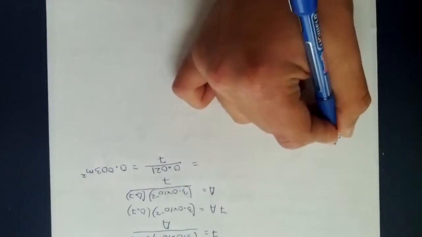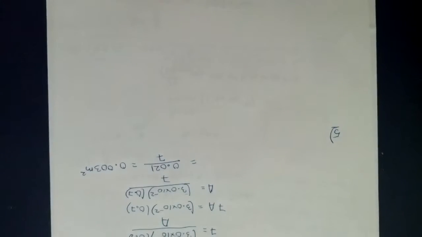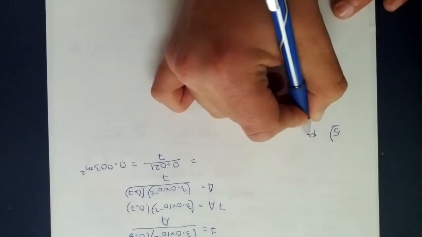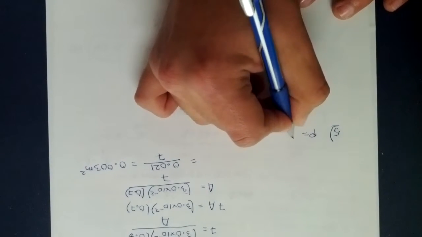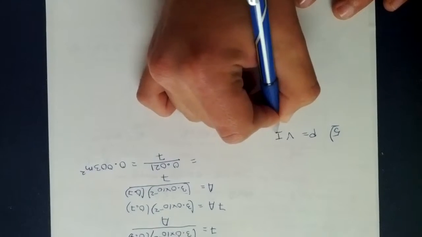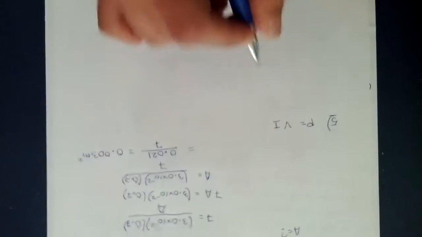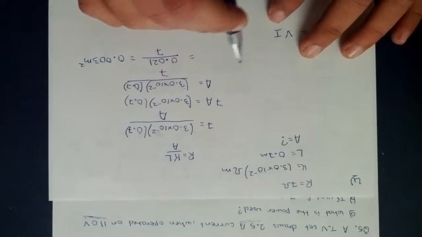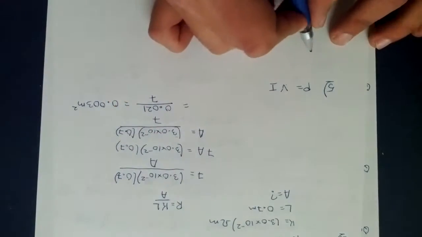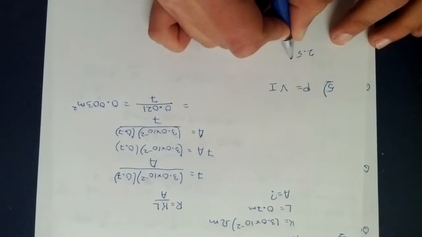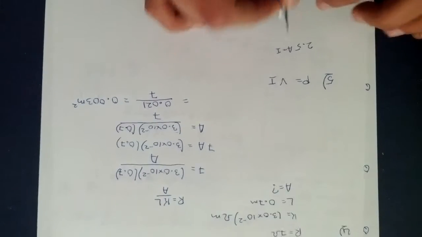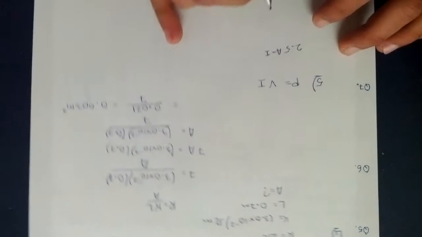So let me just label it so it's not confusing. So power equals VI, voltage and current. So we know 2.5 amps is the current. 2.5 amps equals I. And V equals 110.